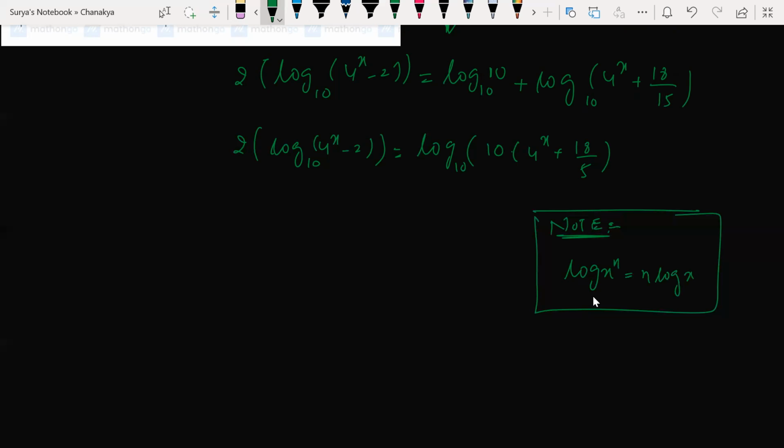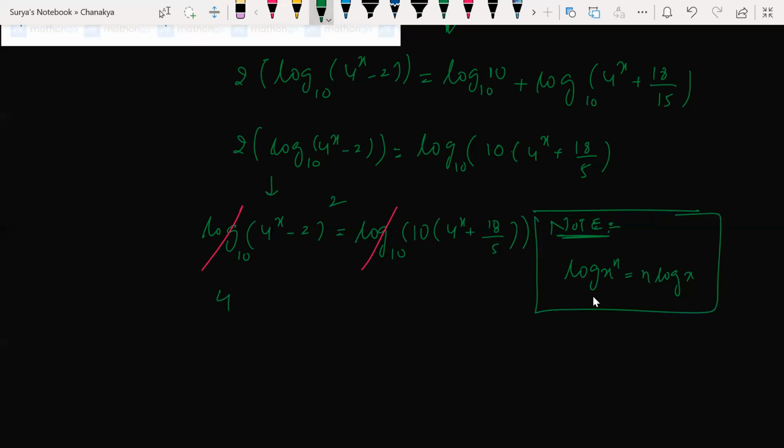So this can be written as log of 4 to the power of x minus 2 base 10, and this 2 will jump and sit on the power. So log base 10 of 4 to the power of x plus 18 by 5. Now here I can remove log on both sides by applying anti-log, or you can cancel log on both sides, no problem.